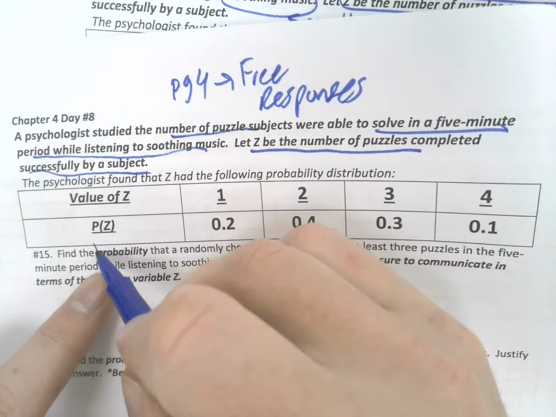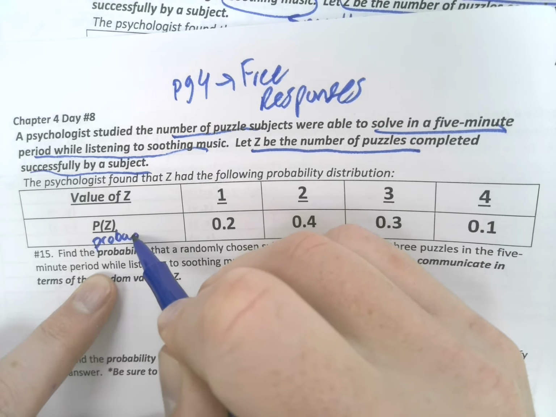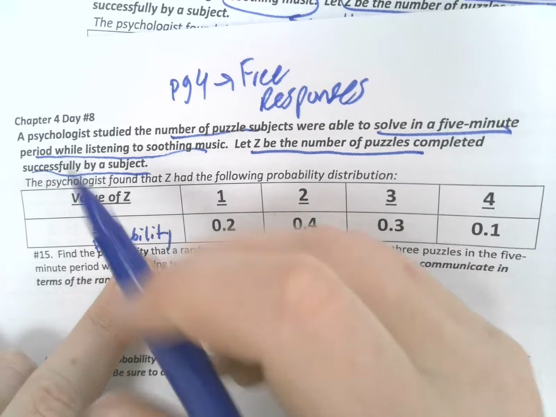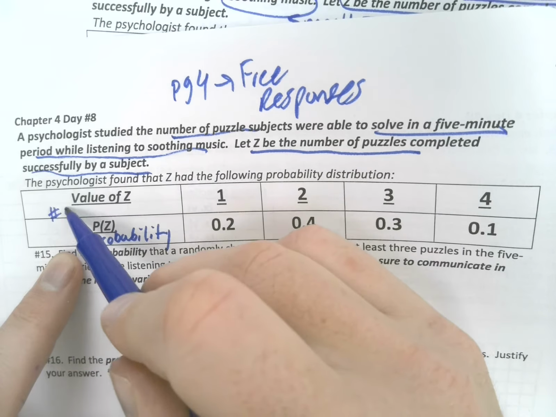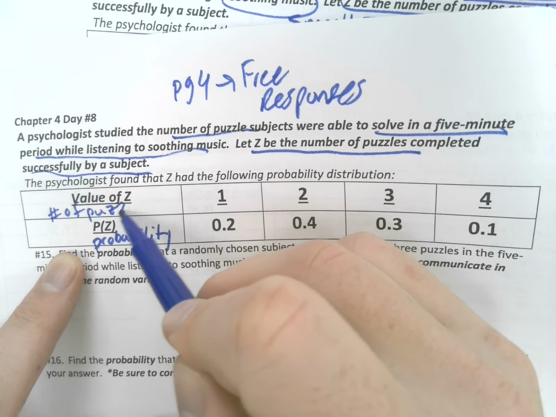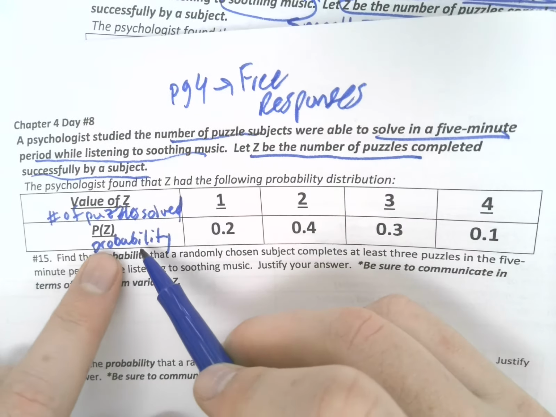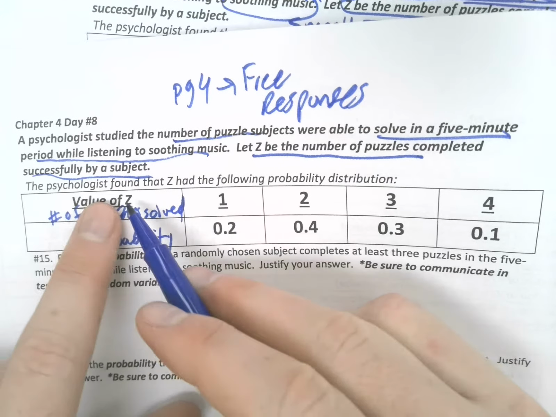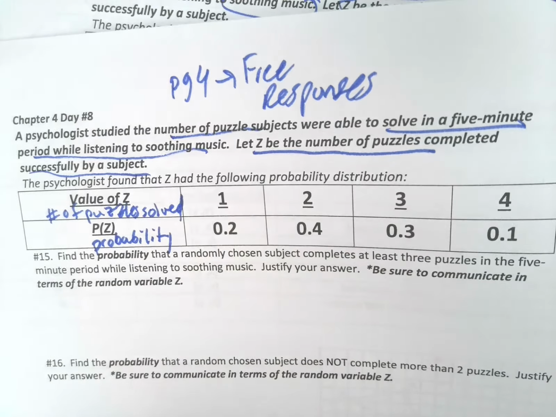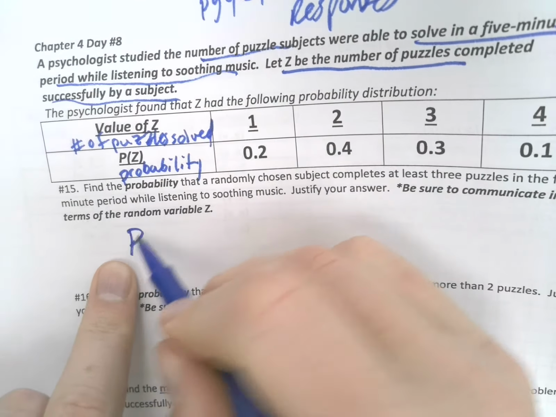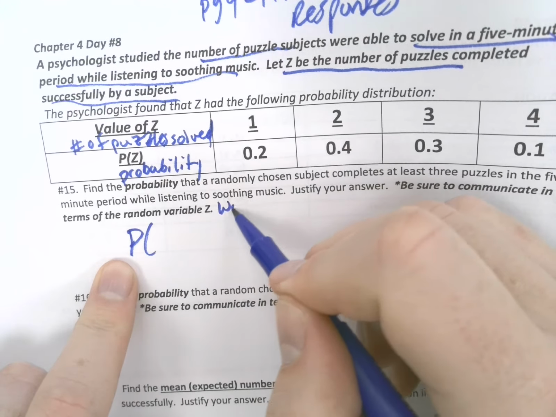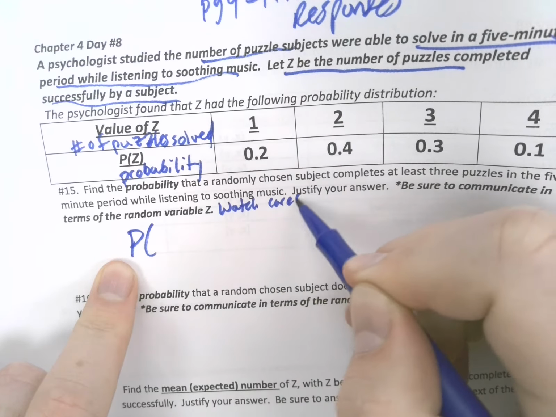And then down here is the probability of each of these events happening. So these are the number of puzzles solved, and this is the probability. So number of puzzles solved and the probability that each of these events happened. So watch carefully right here.